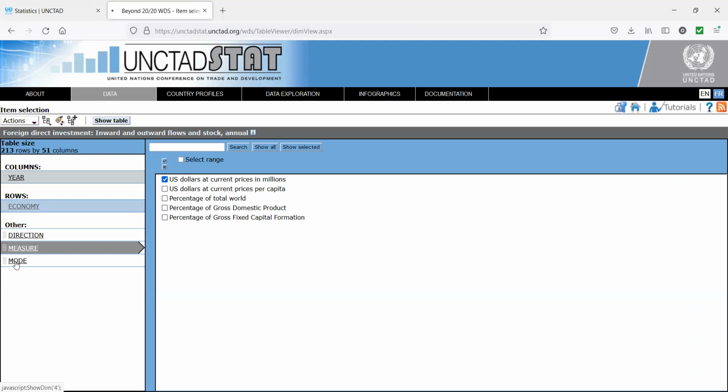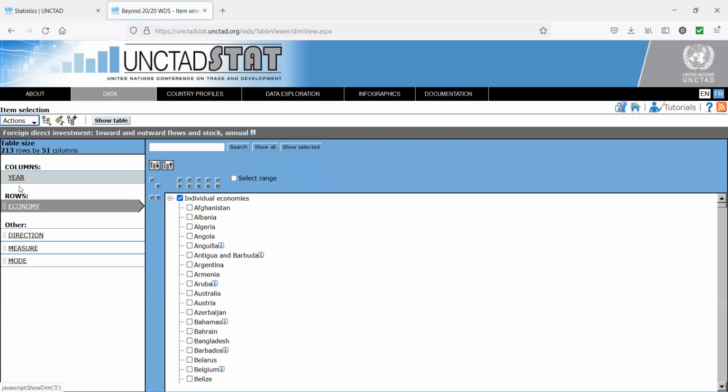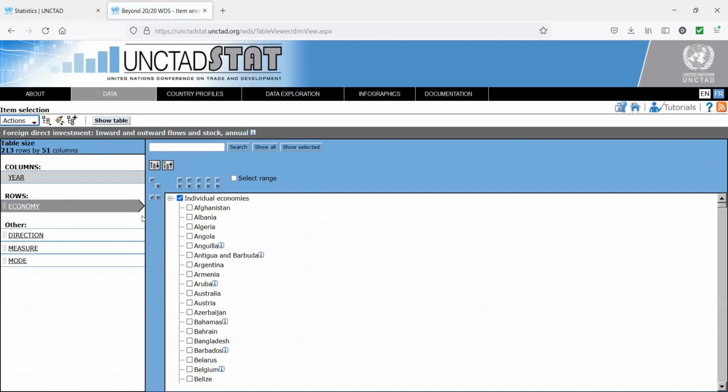And we've done the measure, the direction, and the year as well. Now we need to look at the economy. So again, we need to select regions or countries, depending on what you want.